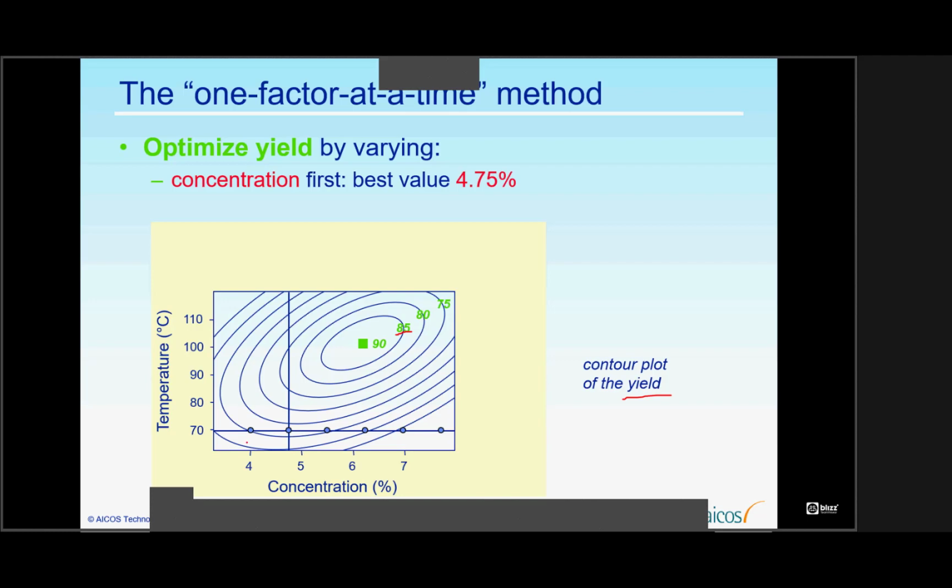And as you see with these blue points here, we make 6 experiments for different concentrations, keeping the temperature constant at 70 degrees. And then we get 6 measurements, of course, in the lab. What one would see is that the second point is the one with the best result. It's about 62%. You can see following the contour lines. And so this one is the best result.